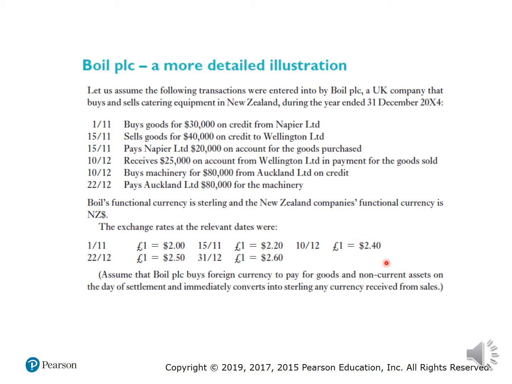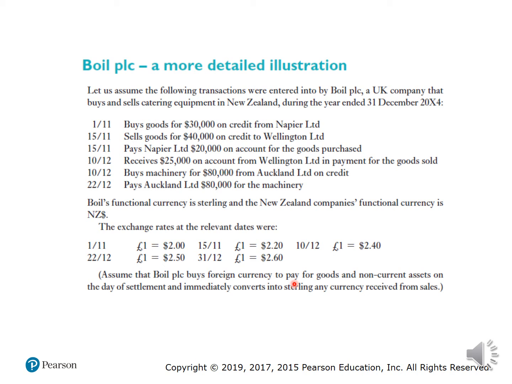On 10th of December it is 2.40 New Zealand dollars equal to 1 pound. On 22nd of December, 1 pound equals 2.5 New Zealand dollars, and on 31st of December, the end of the accounting period, 1 pound equals 2.6.